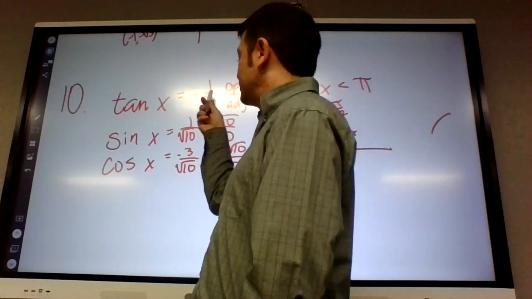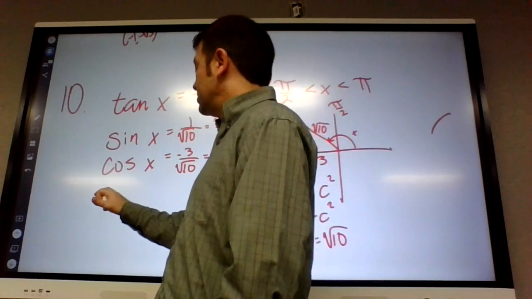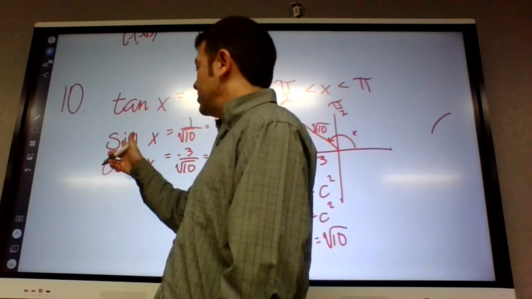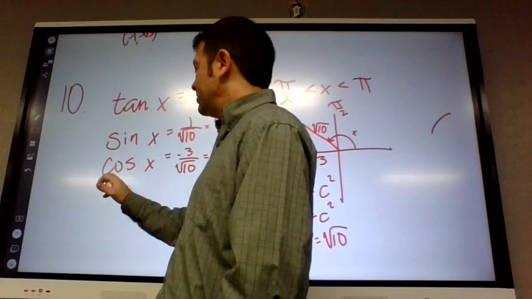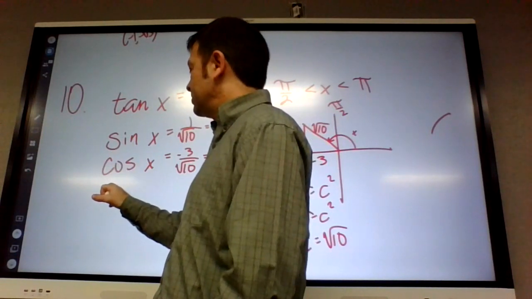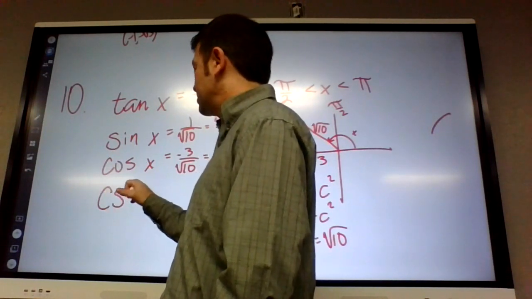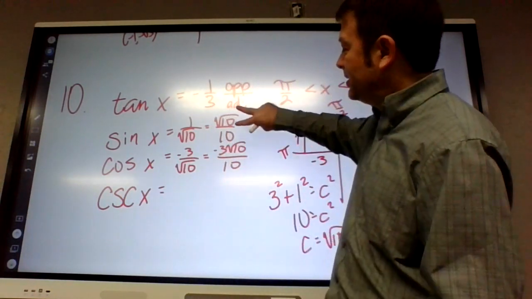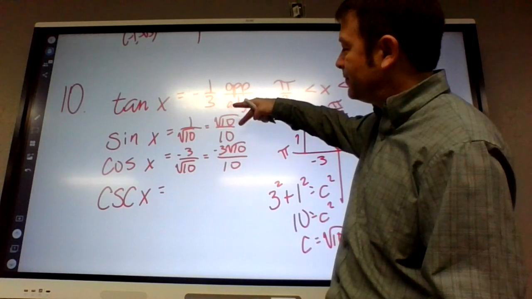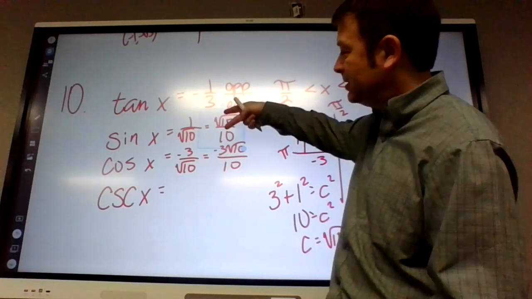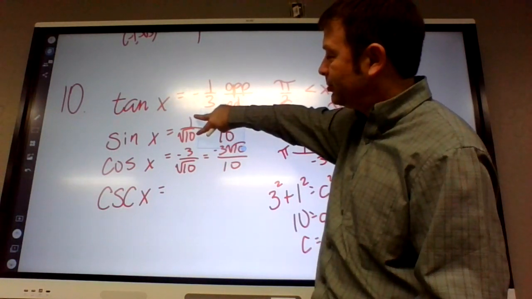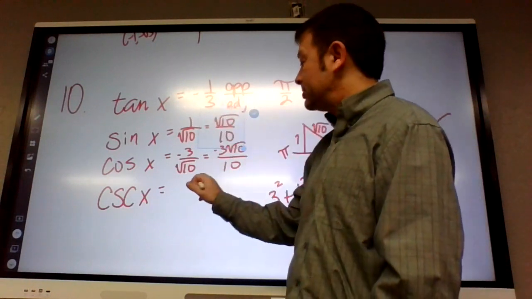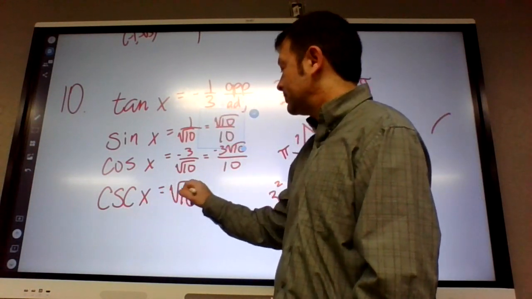We already have tangent, so we don't have to do that one again. I'm going to go with, what's the opposite of sine? Or the reciprocal anyway, cosecant. And cosecant is sine upside down. Now, this one upside down is not as helpful, like 10 over square root of 10. But this one upside down is square root of 10 over 1, so it's just square root of 10.